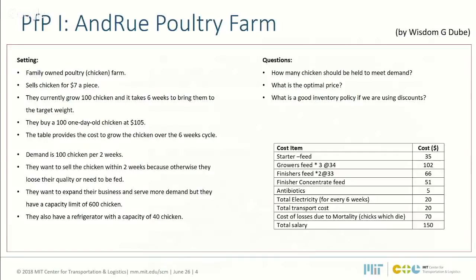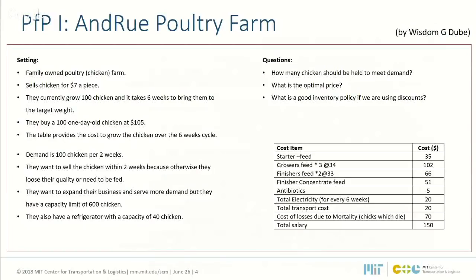It's about a family-owned chicken farm that sells chickens to their customers at $7 a piece. It seems to be US-based, but it's a small entity, and they're trying to grow. Currently, they are doing 100 chickens in a batch, and it takes them 6 weeks to bring them to the target weight. That's essentially the production cycle. They buy 100 chickens that are 1 day old at a total of $105.